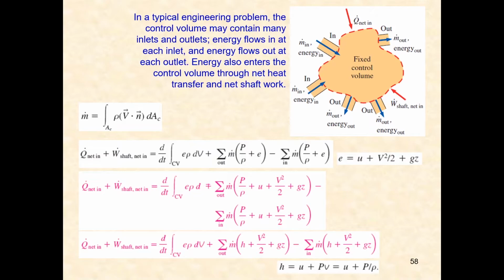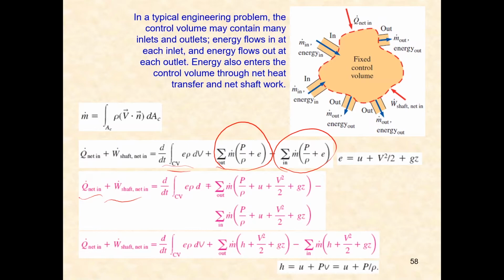From this equation, you can see the total energy leaving the control volume through the control surface, the rate of energy entering the control volume through the control surface, and the rate of energy changing in the control volume. And this is all the external energy due to heat and work, which is basically Q out minus Q in and W out minus W in.